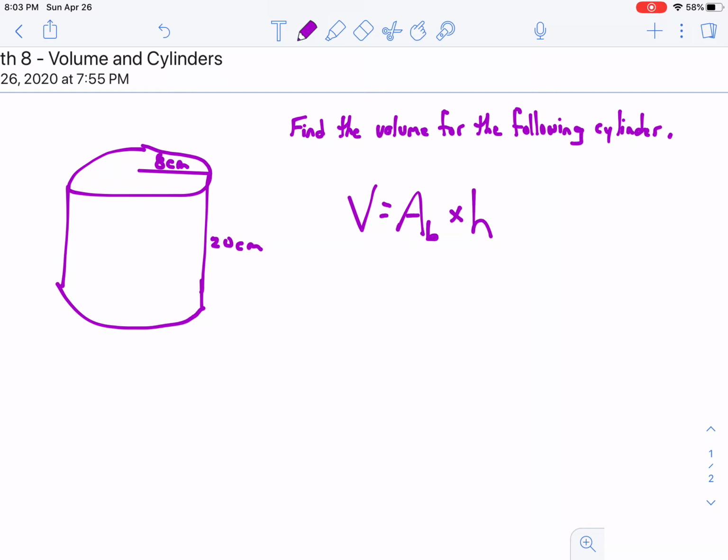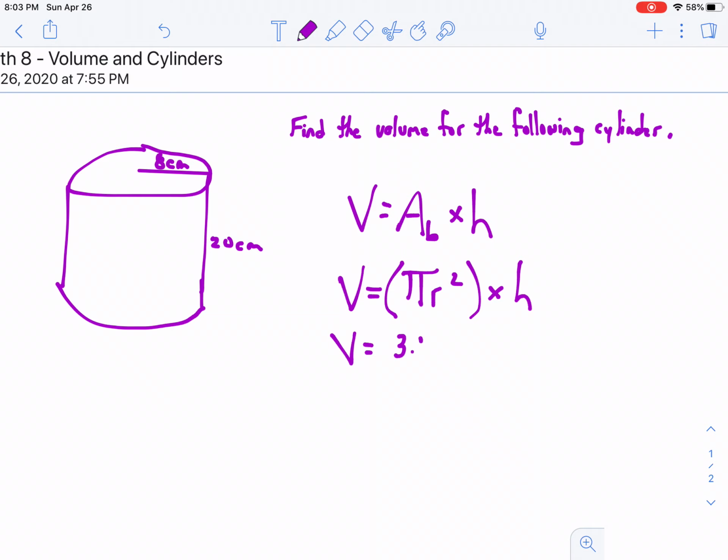So looking at that, I'm going to substitute into the formula. I want to find out what my volume is, and I know my base is a circle, and I know the area for a circle is pi r squared. So I'm simply taking that pi r squared and multiplying it by the height. I'm going to substitute the values that I have into this formula.